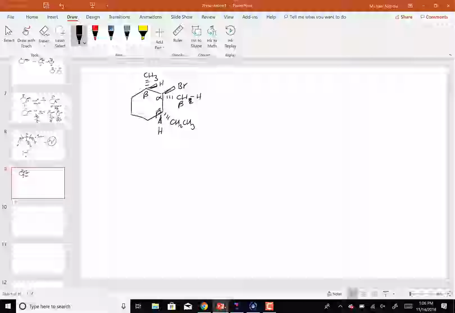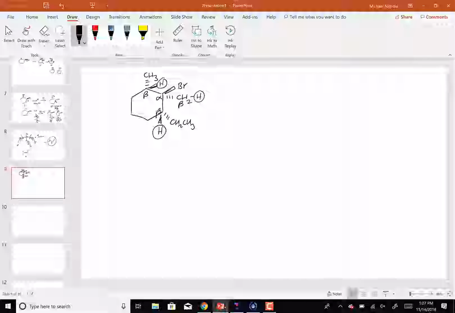But this is an E1 mechanism. So how does that change the hydrogens? All I'm doing is making it a CH2 with the H so that I can explicitly show the beta hydrogen. That's all I'm doing. So when I go to E1, what happens to those beta hydrogens? Stereochemistry doesn't matter, right?